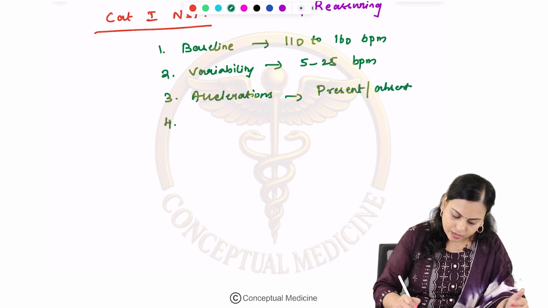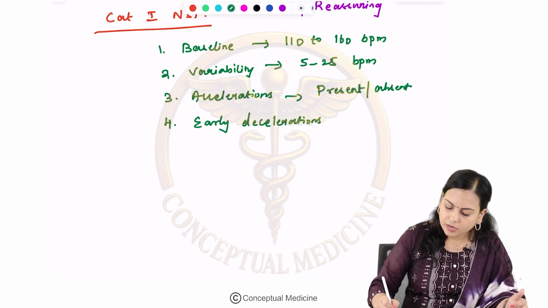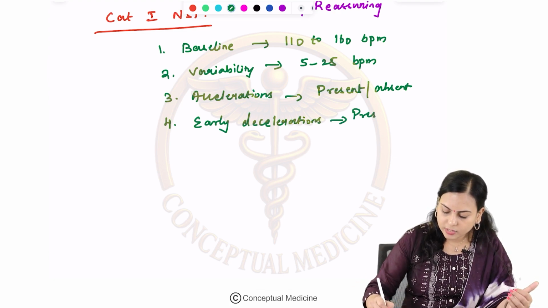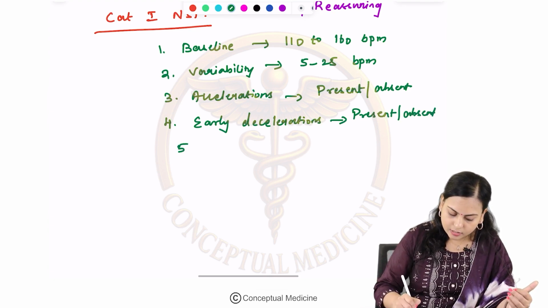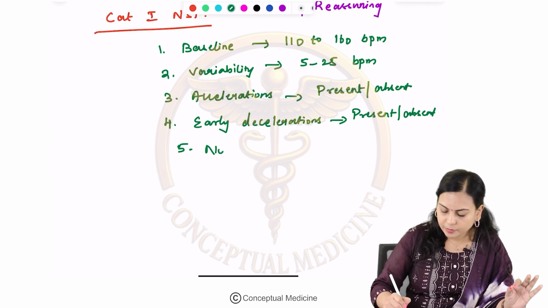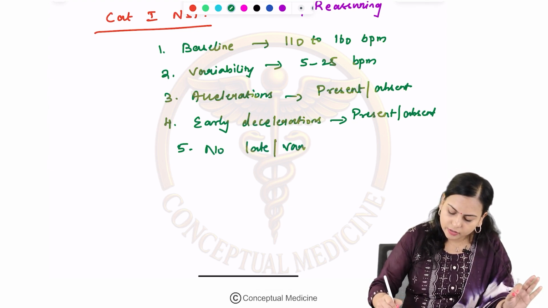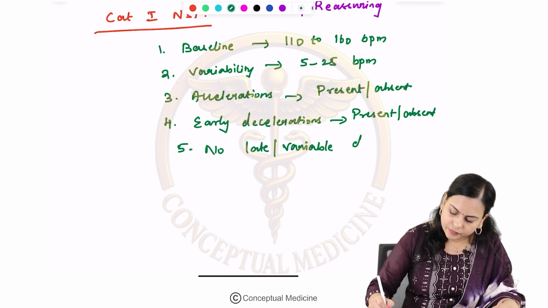Then, about decelerations, early decelerations are also normal. We have seen that early. Okay. So, this can be also present or absent. And remember, there shouldn't be any late or variable decelerations.